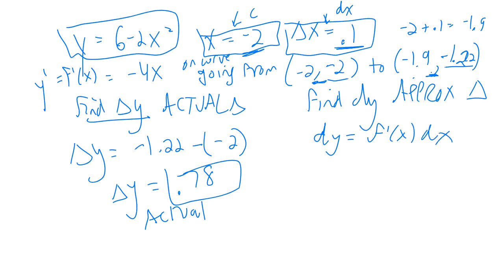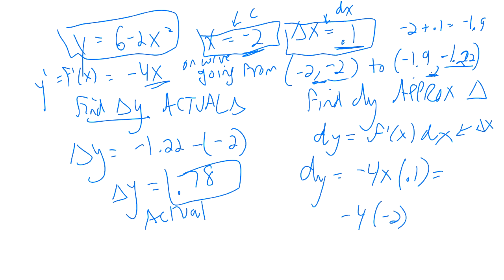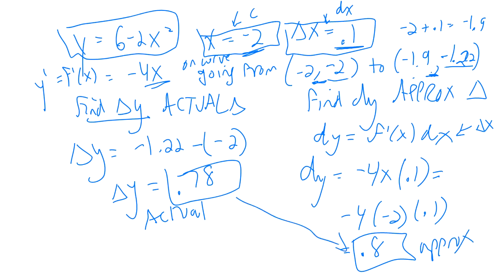So dy would be negative 4x, which is what I found up above, the derivative, times 0.1, that's dx, our delta x that was given. And that's going to be negative 4 times negative 2, my x value, times 0.1, and that's going to be positive 0.8, and that's the approximation. Now, it's pretty close, 0.78, 0.8.